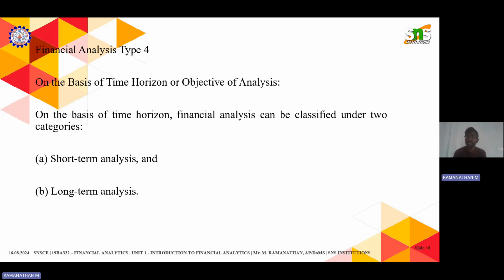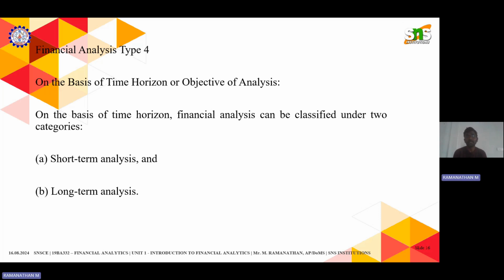Before that, in the previous videos, we have seen different types of financial analysis: type 1, type 2, type 3, on the basis of material used, on the basis of modus operandi, and on the basis of firm, which we can call inter and intra firm analysis.